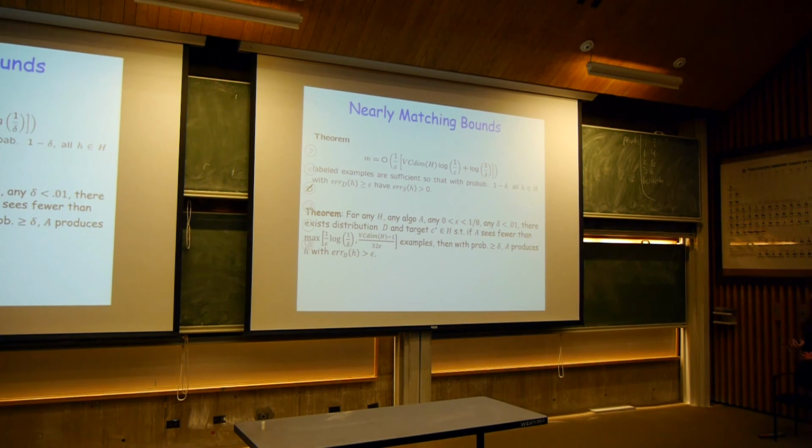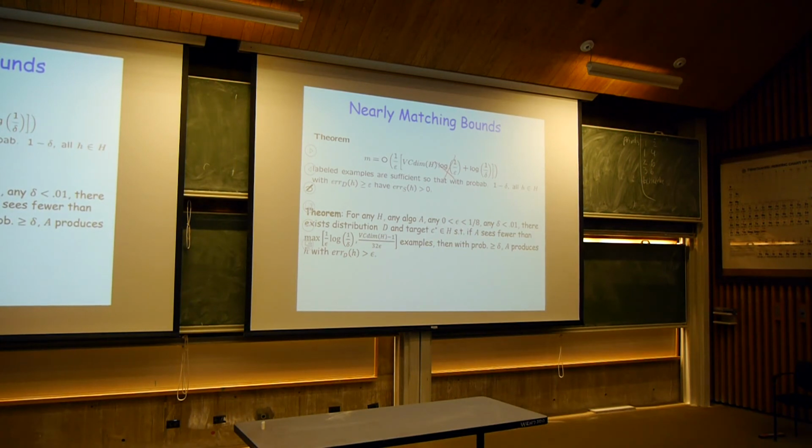And this is almost tight, in the worst case, over the choice of the target function and over the choice of the underlying distribution. Basically, it's tight up to a log 1 over epsilon factor. So the only thing that we don't know is whether this log 1 over epsilon factor should belong to the bound. We don't know if it belongs there or not.